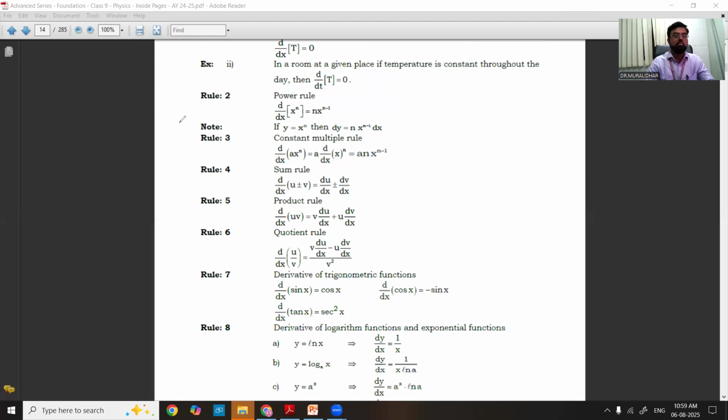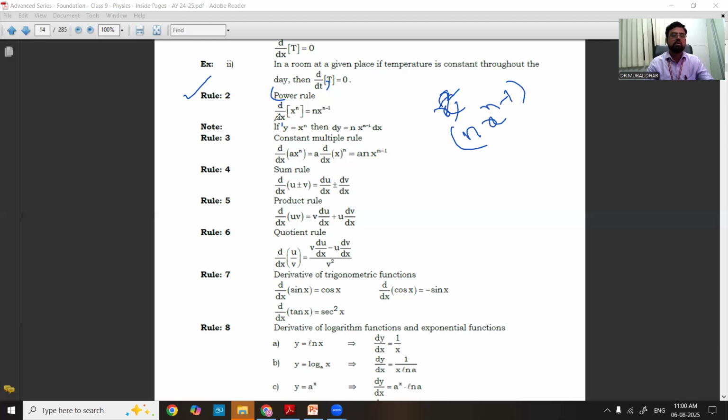The second rule is the power rule. d by dx of x to the power n. For example, x square is given. In place of n, you can take anything. The derivative of x to the power n is given by n x to the power n minus 1: n will come down, base x, power n minus 1.